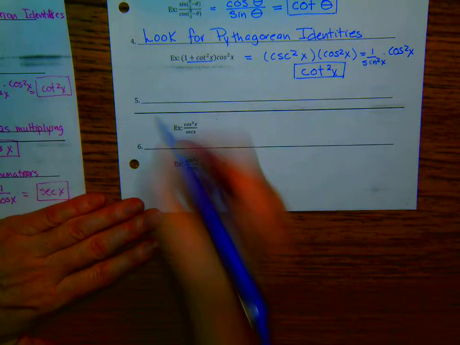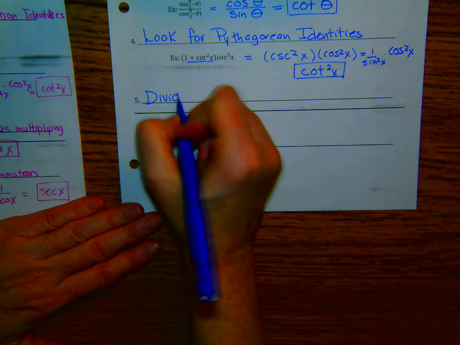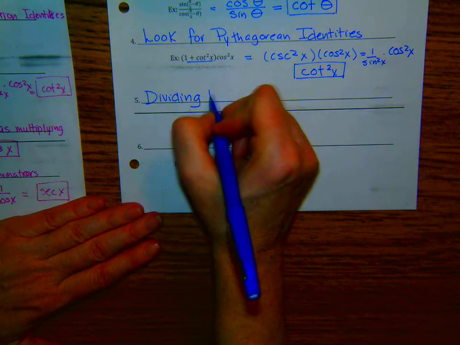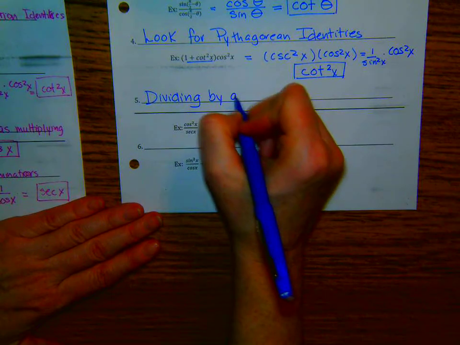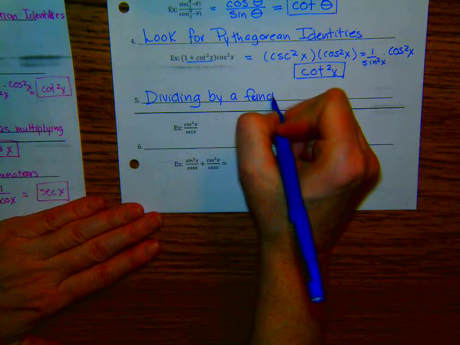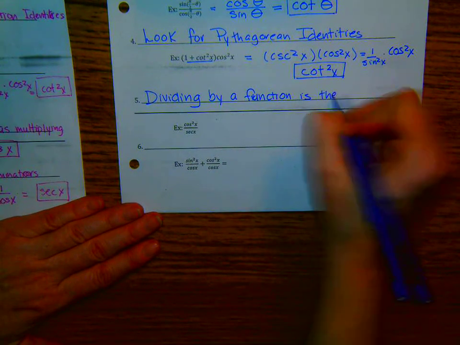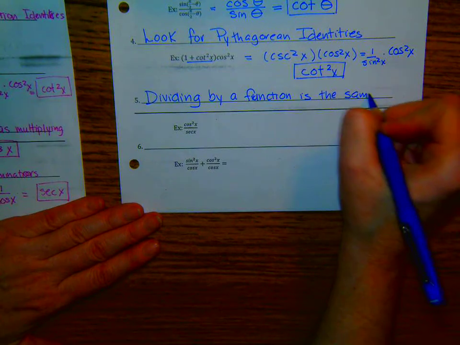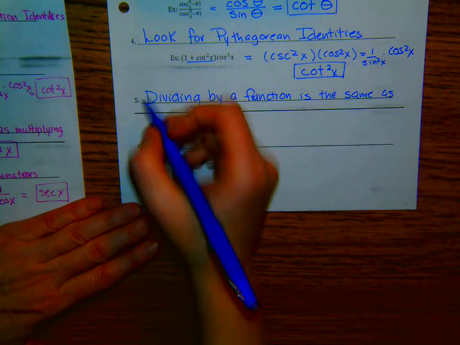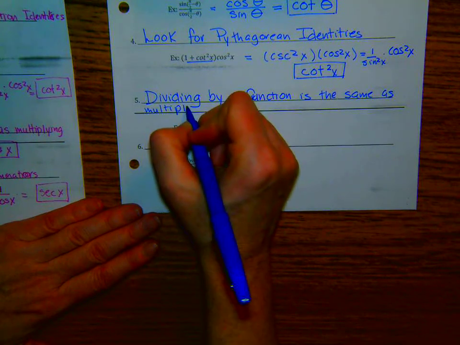Number 5. Let's write this out. Dividing by a function is the same as multiplying by its reciprocal.